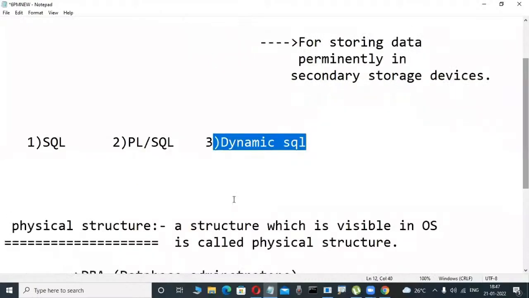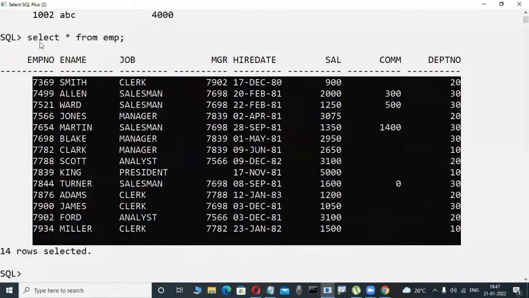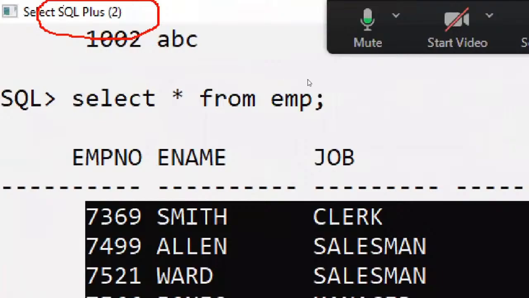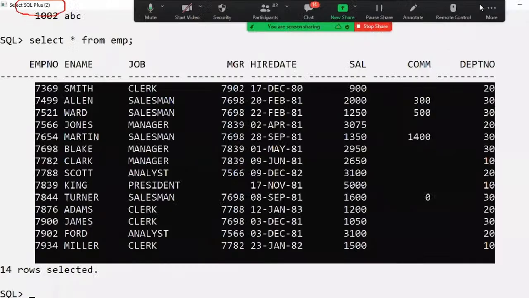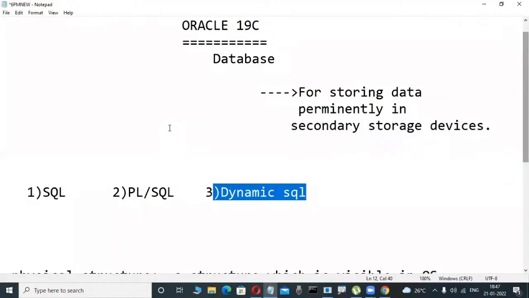But another thing is there in my system here. SQL Plus is there. What is this one? This is a tool, called a client tool. If you want to connect to the Oracle database, then we use client tools. SQL Plus is a default tool.